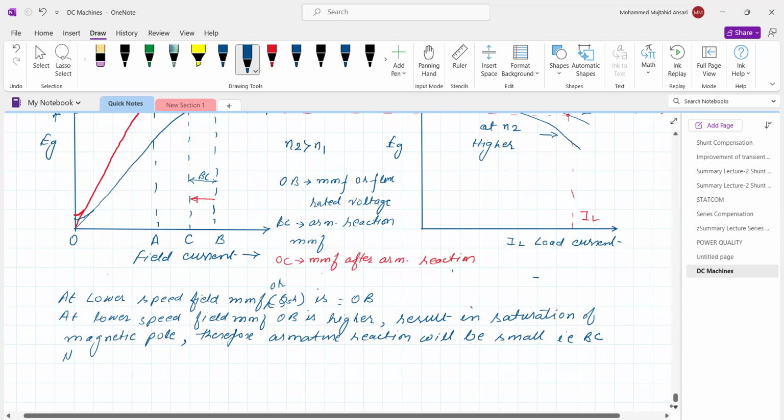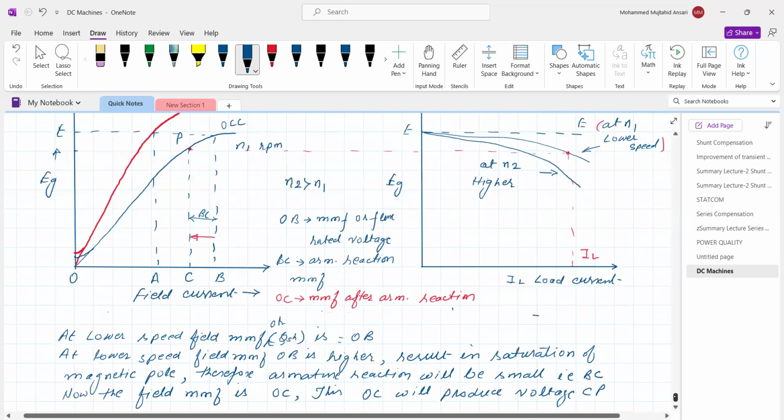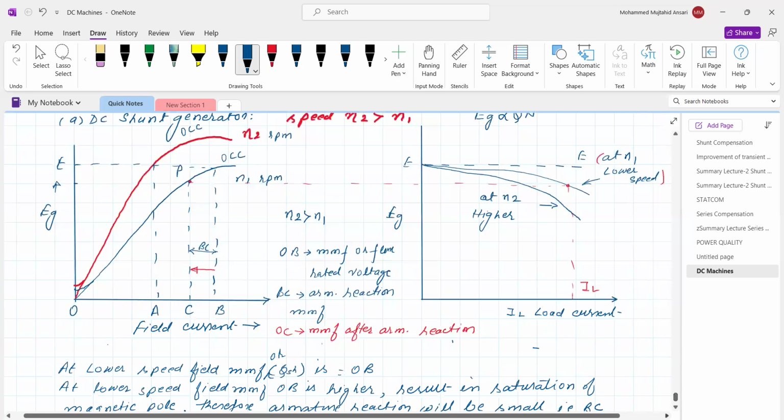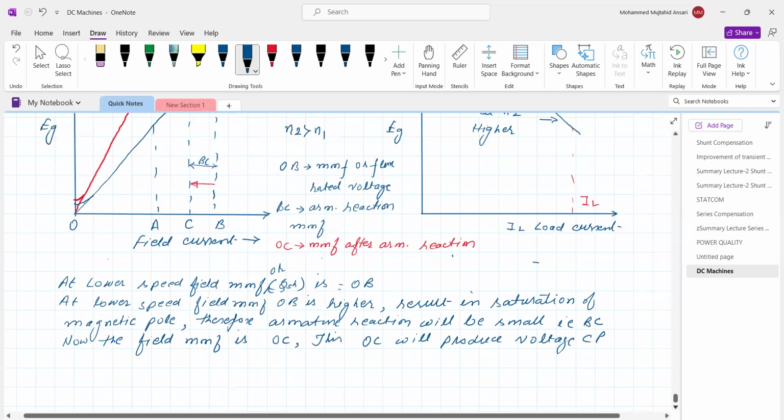Now, the field MMF is OC. This OC will produce voltage CP.